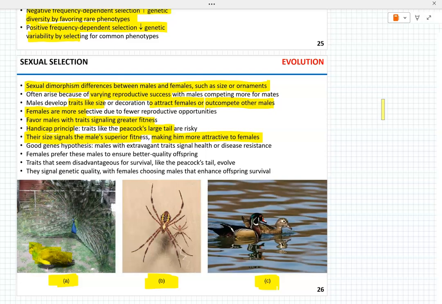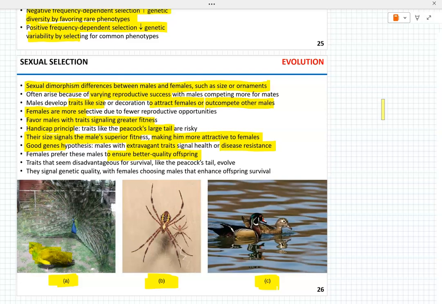Another hypothesis is good genes. Extravagant traits like bright coloration may be linked to disease resistance and overall health. So the reason why females prefer those males is to ensure that the offspring are of better quality, with higher chances of survival.